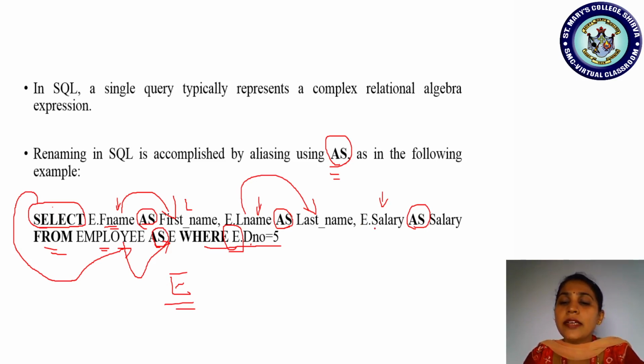So from the E relation, the salary attribute has to be modified with which new name? Salary. Here we are retaining it as the same name. Is that clear? So this is how, with the help of SQL, we apply the renaming operation both for a relation as well as for attributes.